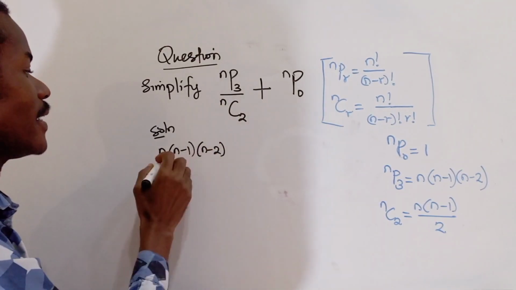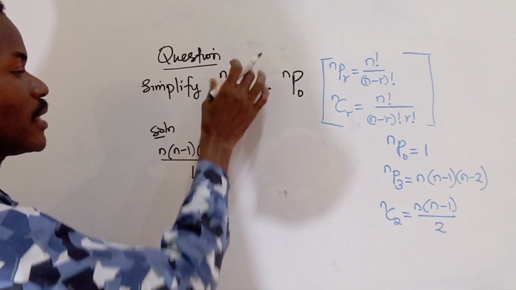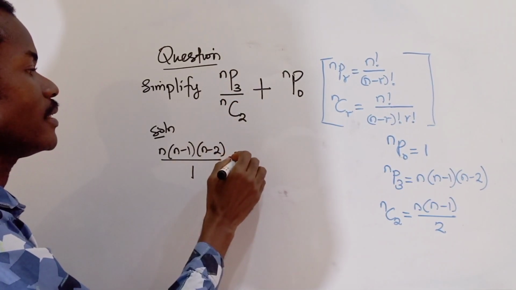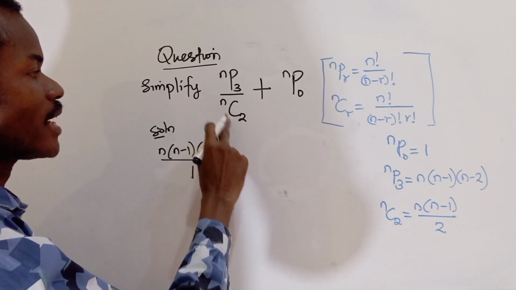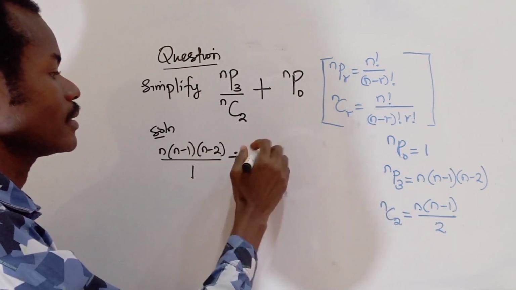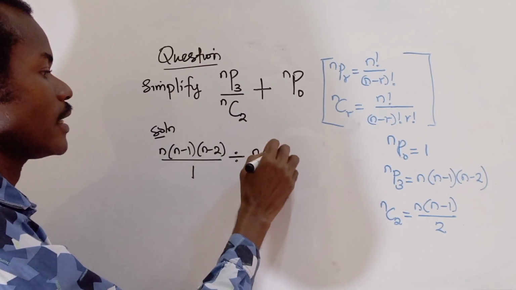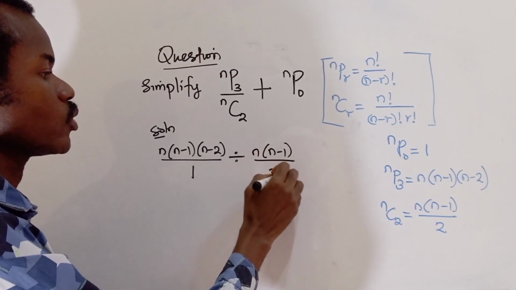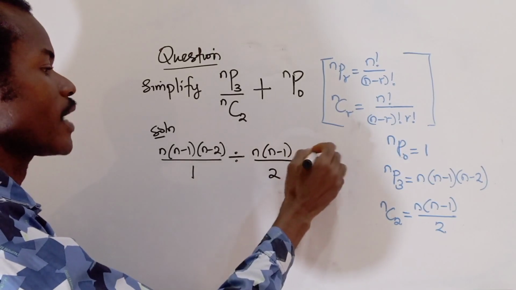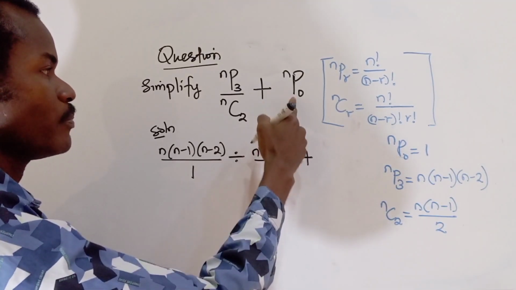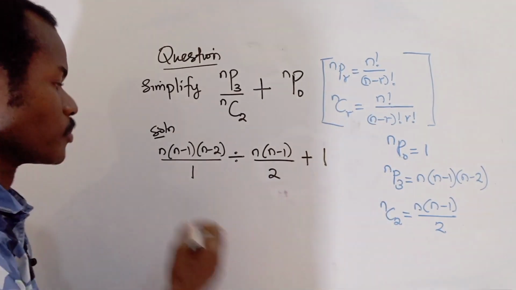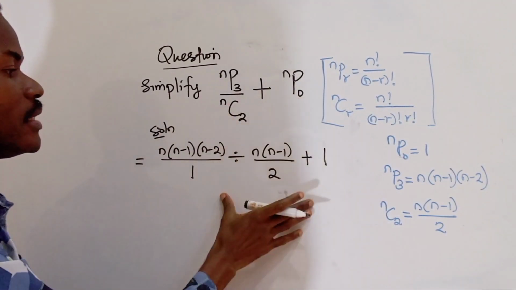I can put over 1 to represent this. We have divided by nC2, which is n multiplied by n minus 1 divided by 2. Now plus, and nP0 is 1.